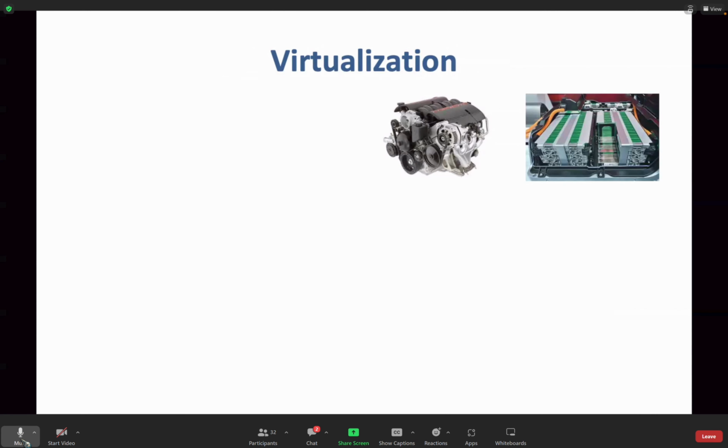I haven't actually seen them in person, but this is a picture I got from online. So what I was trying to say is that it's the engine behind cloud computing. What is it? That's virtualization.